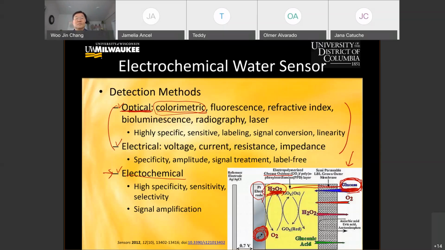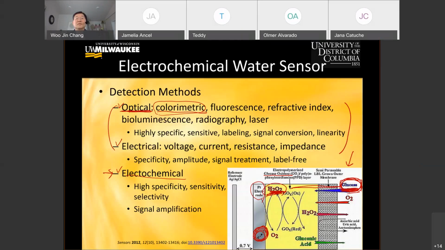And of course, one major disadvantage or problem is that we need to find a better reaction system, because this electrochemical system uses chemical or biological reactions to amplify the signal we can obtain from the target molecule.